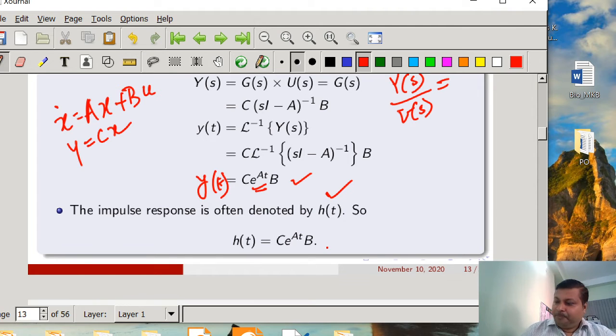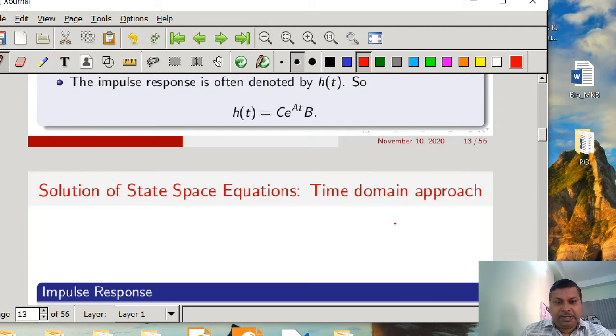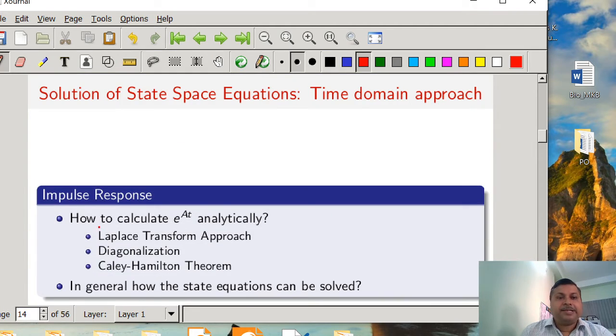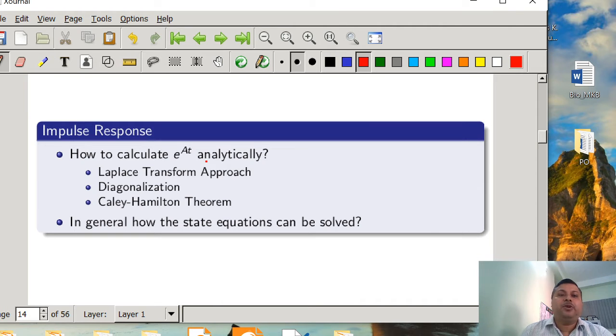Fine. Now at this moment we are interested to know how to compute e to the power At. So that's why the next question has been asked, how to calculate e to the power At analytically. There are several approaches to compute e to the power At, but in this course I'm going to discuss a few of them: the Laplace transform approach, diagonalization, and the Cayley-Hamilton theorem.